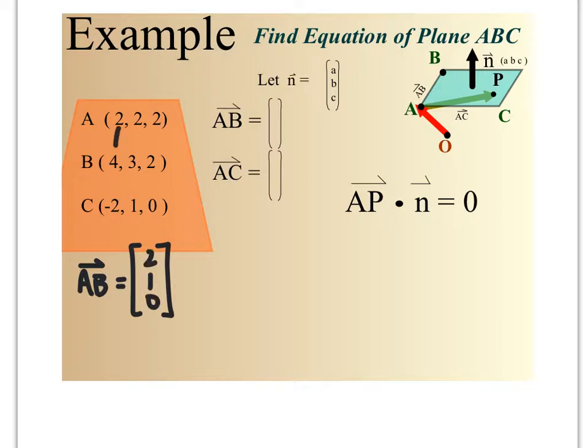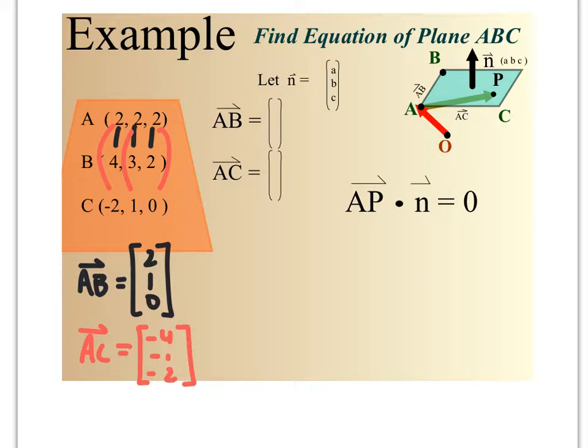That's 4 minus 2, 3 minus 2, 2 minus 2. Vector AC would be negative 2 minus 2, 1 minus 2, 0 minus 2, which is negative 4, negative 1, negative 2.